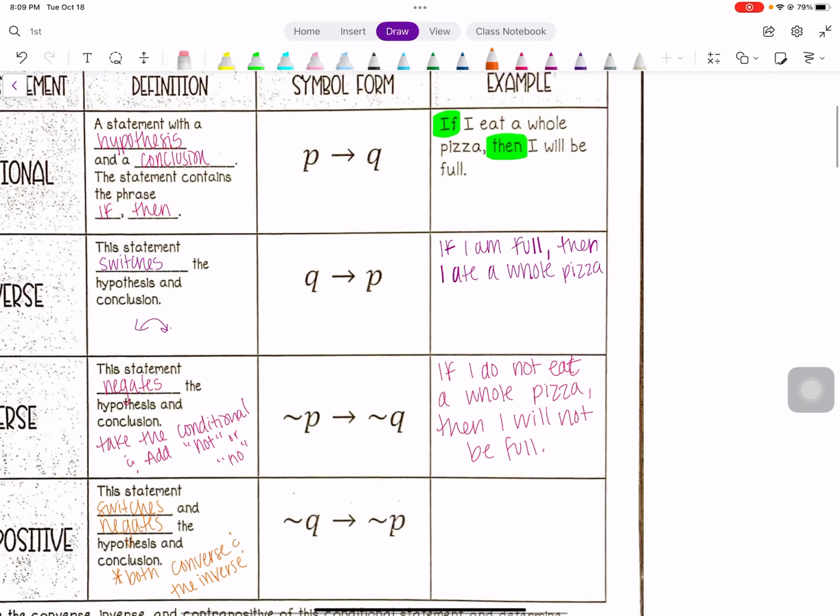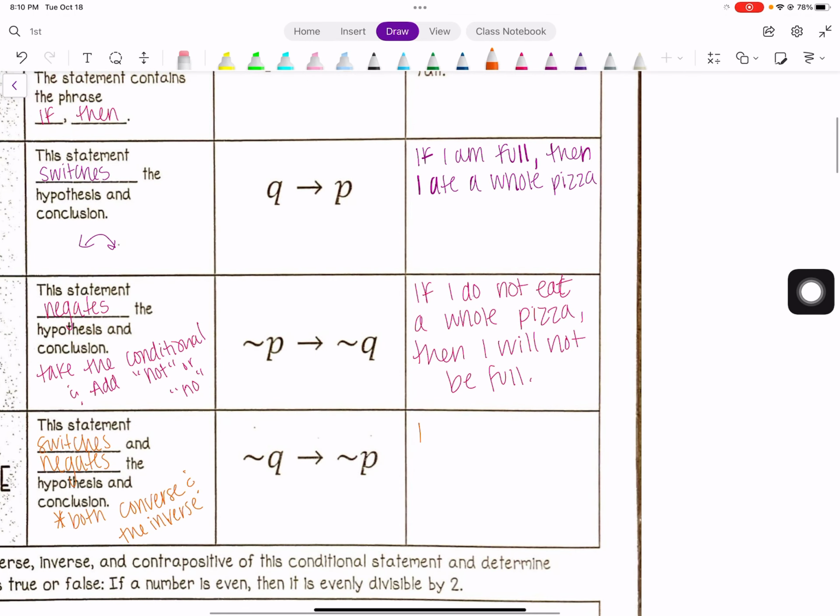Okay, so you take this statement, you switch it. So if I am full, then I ate a whole pizza. And then you add not to here. So if I am not full, then I did not eat a whole pizza.